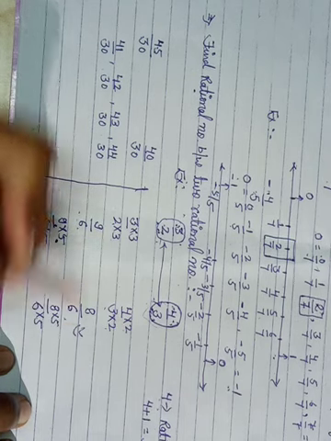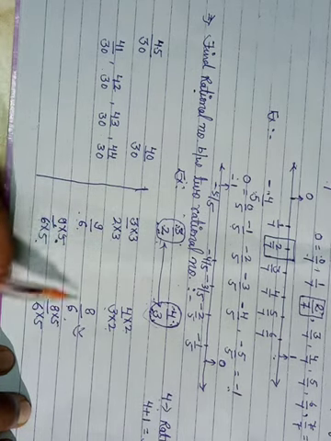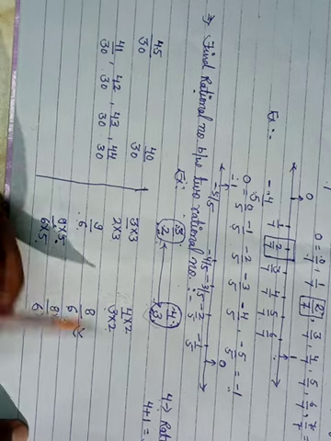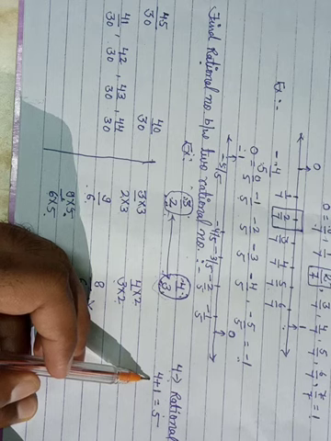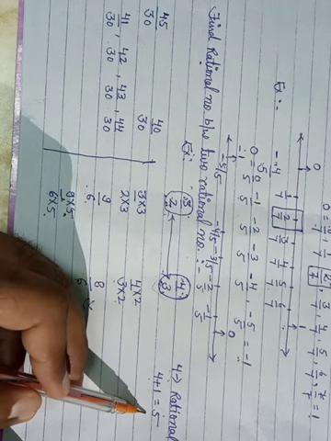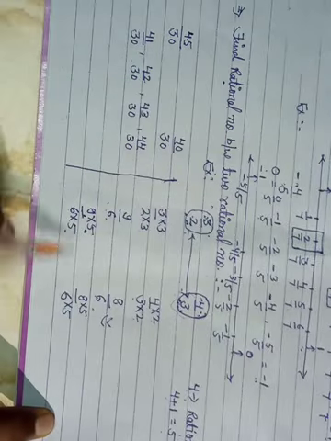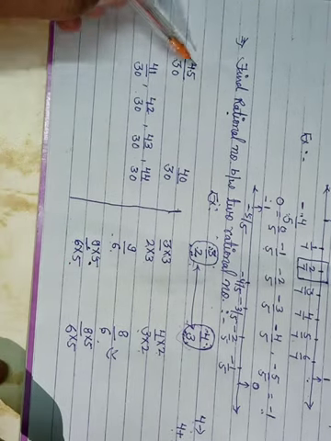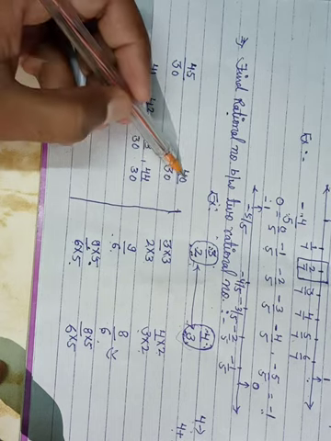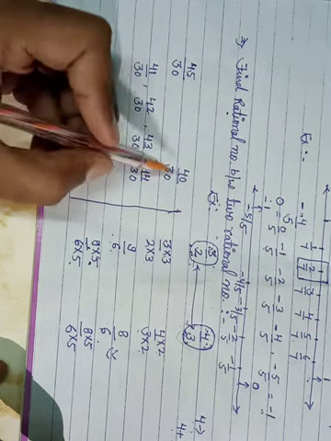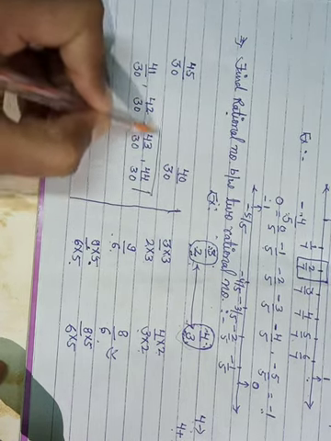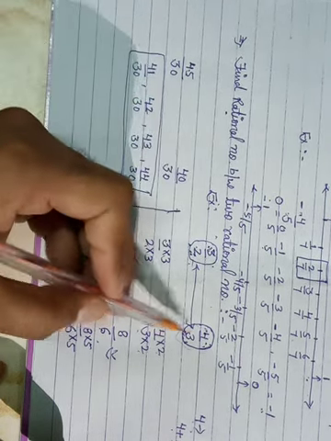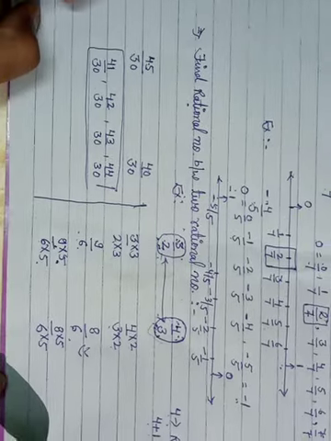After getting the same denominator, we want to find 4 rational numbers. Then we add plus 1, we get 5, and we multiply both numbers by 5, numerator and denominator. Now we get 45 upon 30 and 40 upon 30. You get 4 rational numbers between 3 upon 2 and 4 upon 3. I hope you can understand.